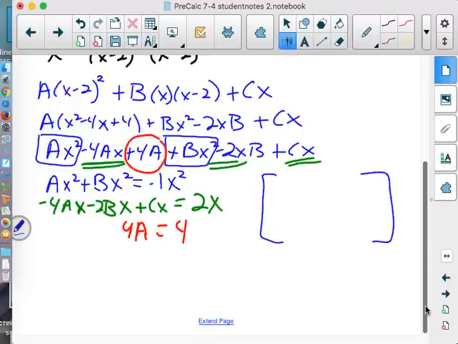So it would be 1, 1, 0 has to give us -1. -4, -2, 1 has to give us 2. And then 4, 0, 0 has to give us 4.